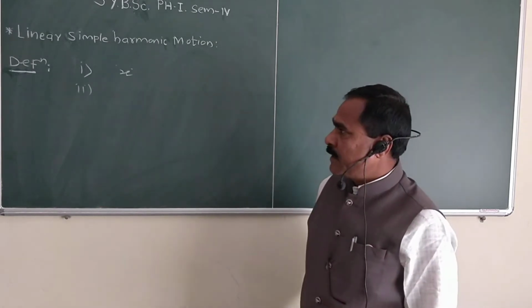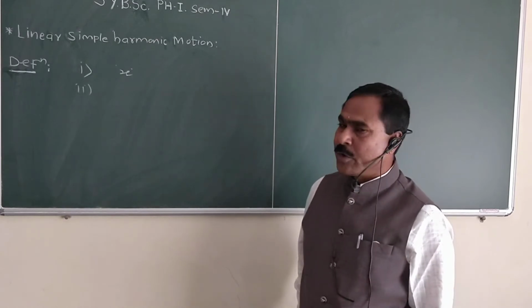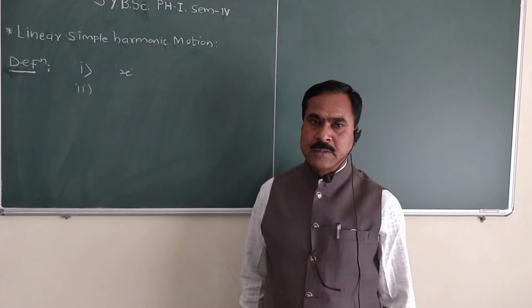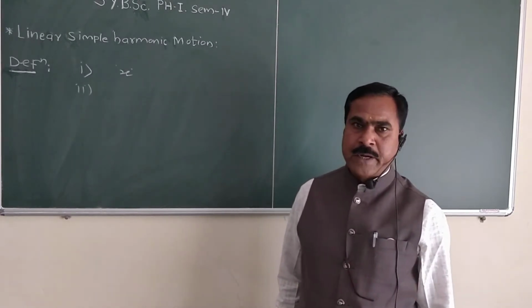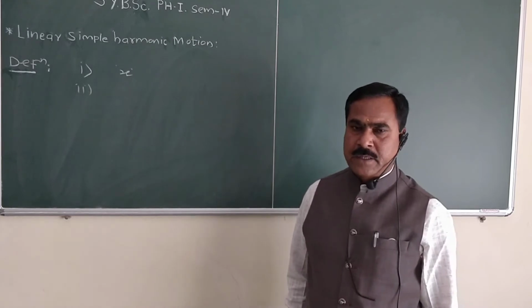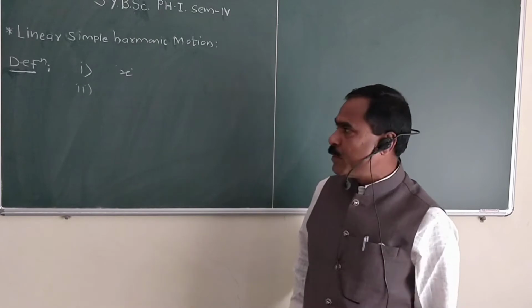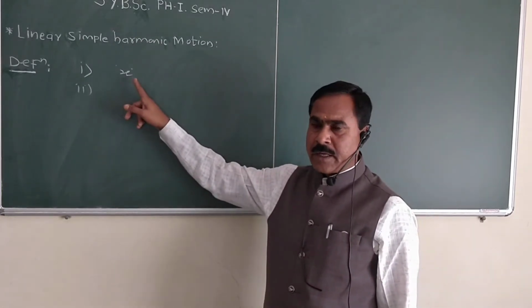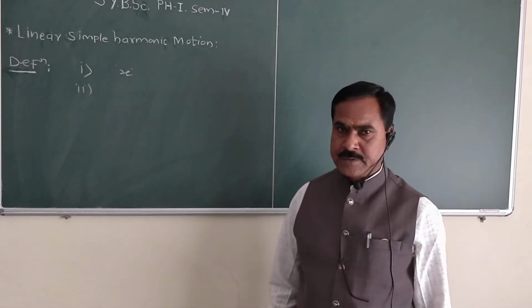So the definition of linear simple harmonic motion means any body performs linear simple harmonic motion if and only if it is acted upon by a restoring force which is directly proportional to the displacement of the body from the mean position, and secondly it is opposite to the displacement.